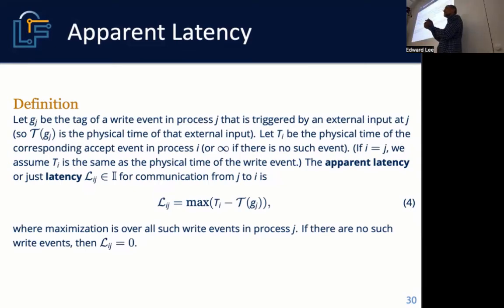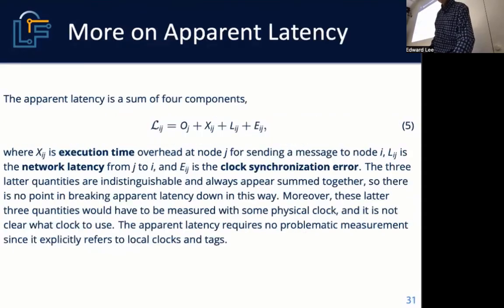Okay. So notice that in the braking example, that time increment includes the execution time of the braking assistant software plus the network latency, plus any clock synchronization. Okay. This is the interesting thing about this, is that you can think of this apparent latency as being the sum of four terms: execution time, network latency, clock synchronization error, and the processing offset.